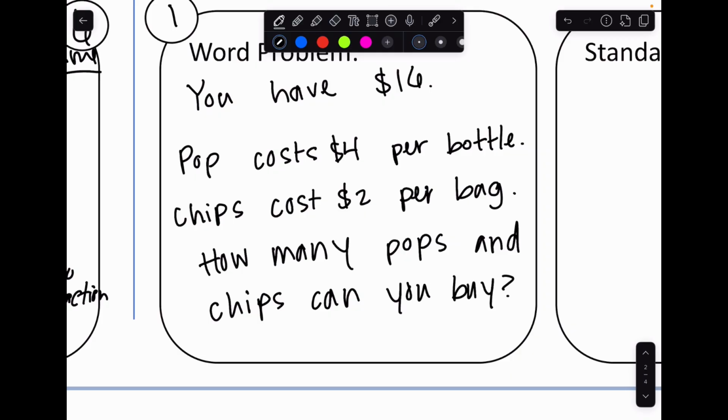Okay. Normally this would have a direct answer, right? But since we have a lot of different combinations we could use, now this is all of a sudden a line instead of just, oh, you could buy this many bottles of pop and this many bags of chips, right? Because since there are so many options, now it's going to be an equation rather than just a point.